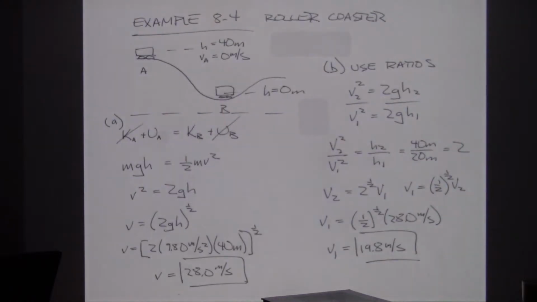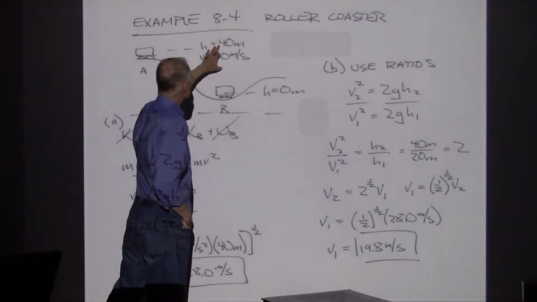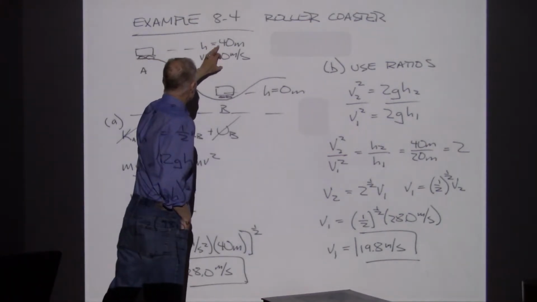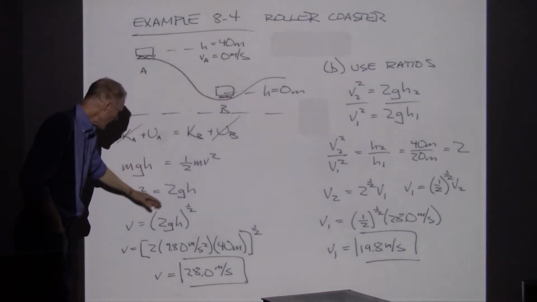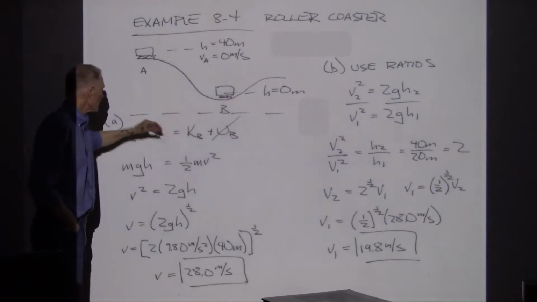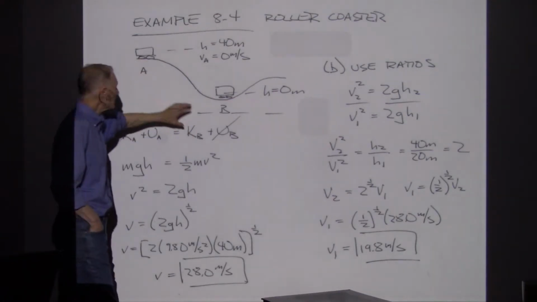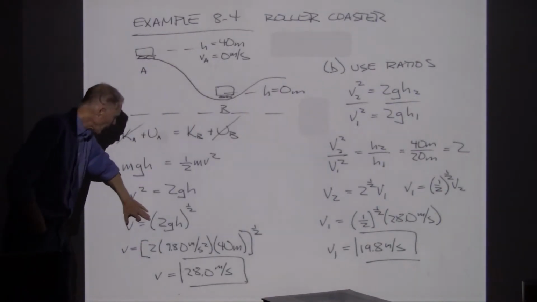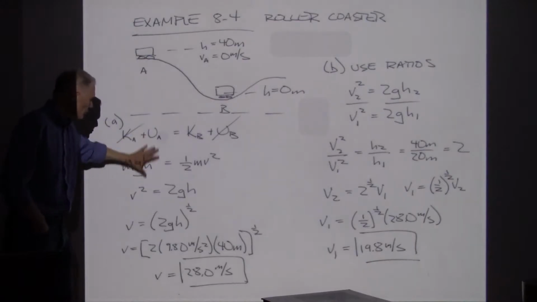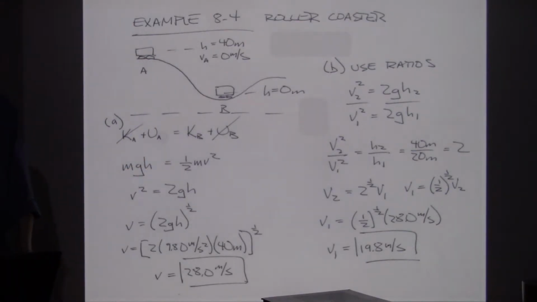Here is the roller coaster. It dropped a distance of 40 meters down to point B, and using energy conservation with the kinetic and potential energies at the starting point and at the final point, we came up with a velocity formula. We were able to figure out what the velocities would be.